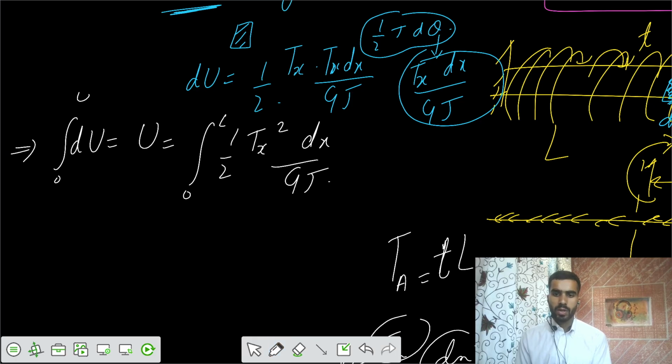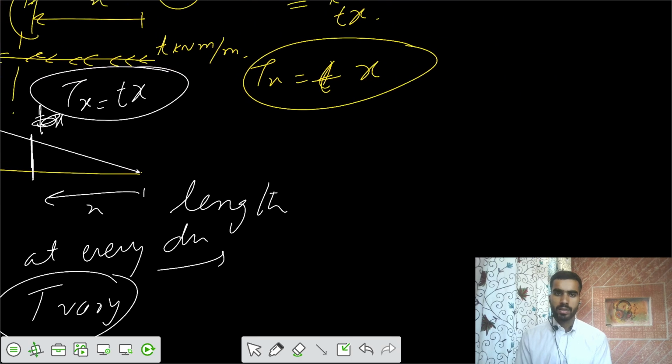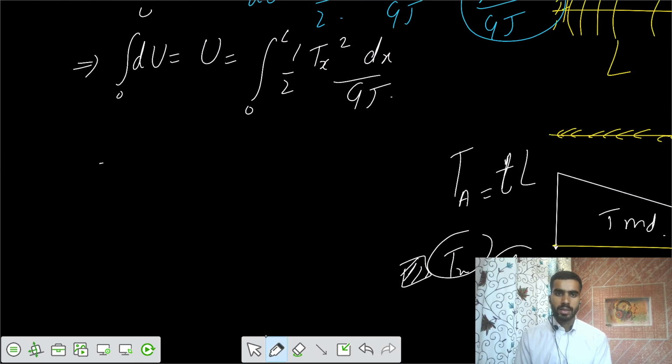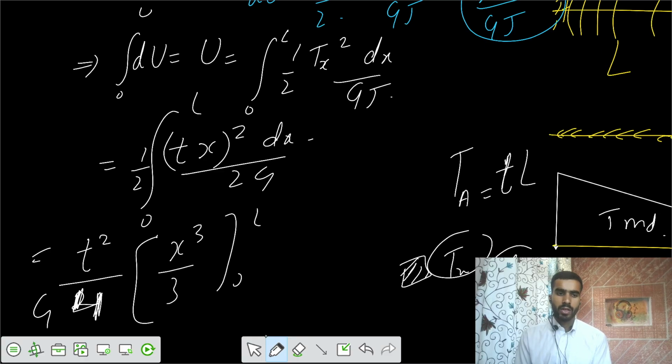Tx is a function of t into x, so substituting, that's 1 by 2 small t into small x, whole square, dx by GJ, integral 0 to L. That gives t square by 2, and x square dx integrates to x cubed by 3, from 0 to L, with 2GJ.